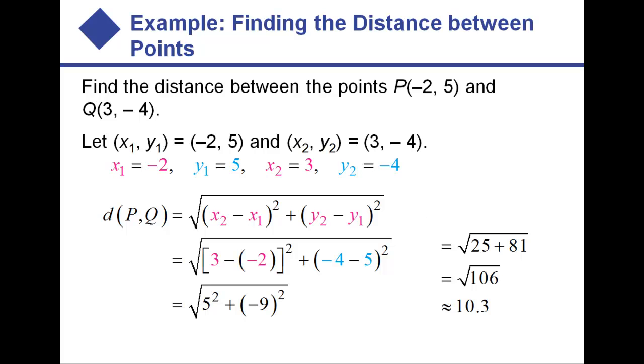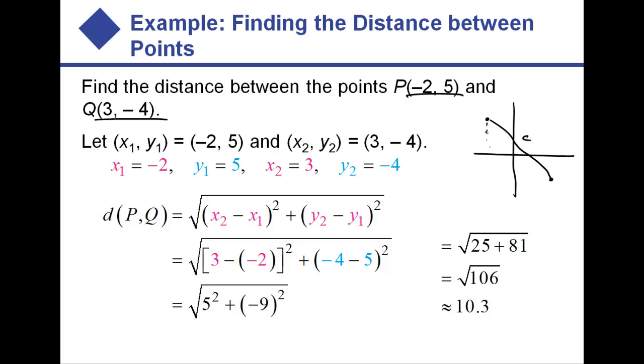If we were to graph these 2 points on a Cartesian plane, -2, 5 up here, 3, -4 somewhere down there. Here's the distance we're trying to find, right? This is my c.